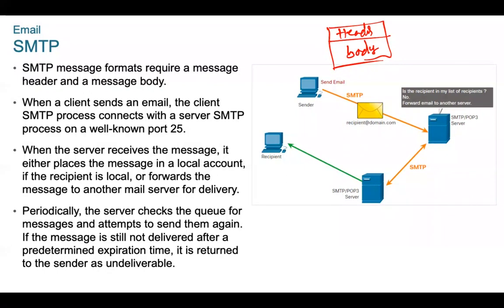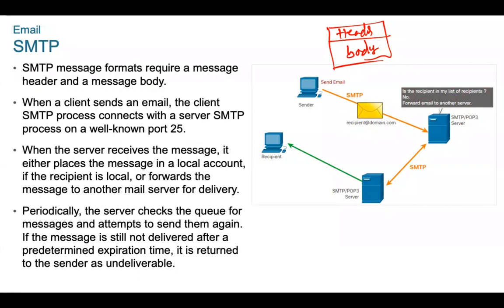While the message body can contain any amount of text, the message header must have a properly formatted recipient email address and a sender address. That is what we have seen, the to and from addresses.